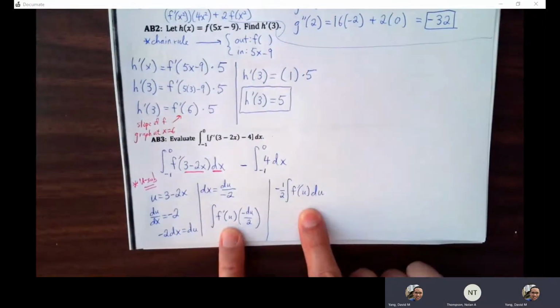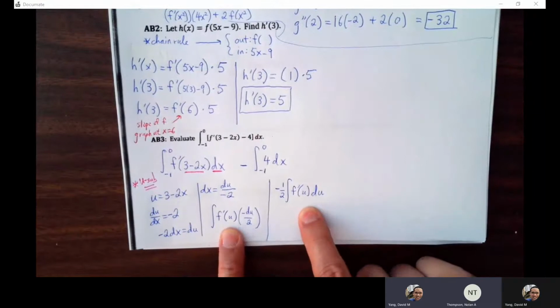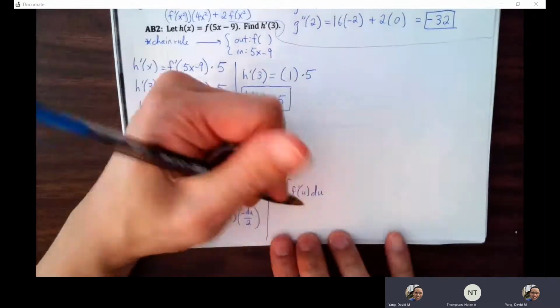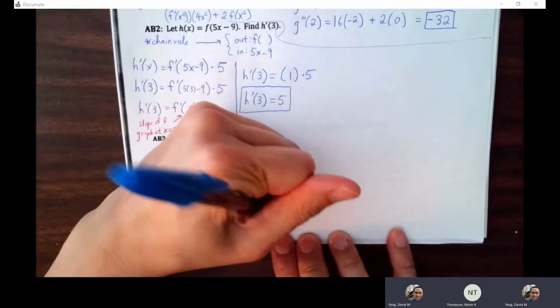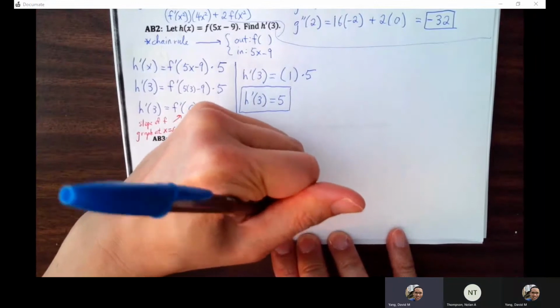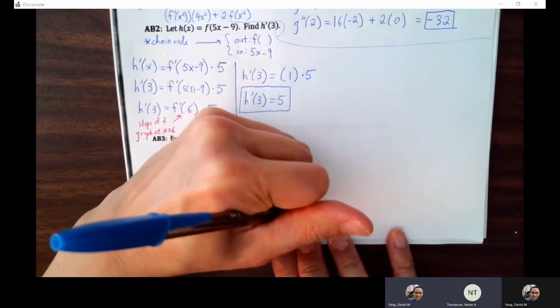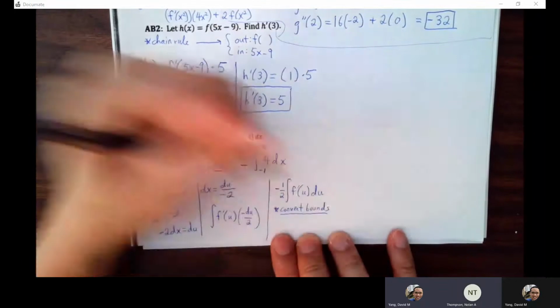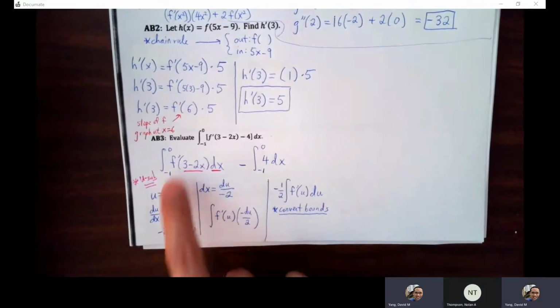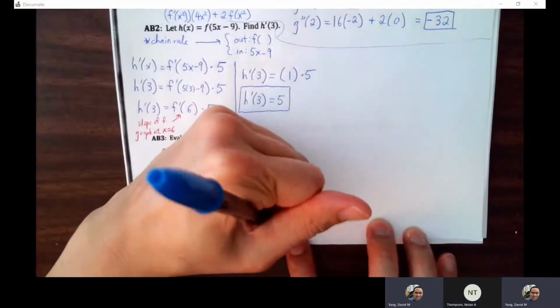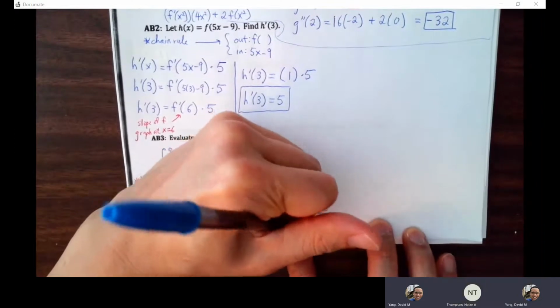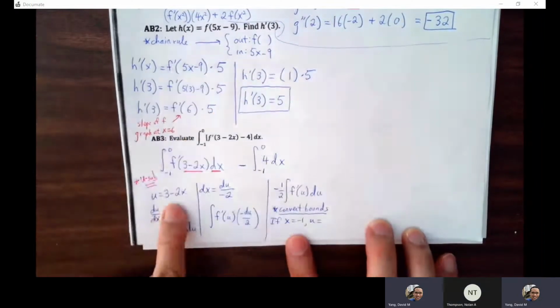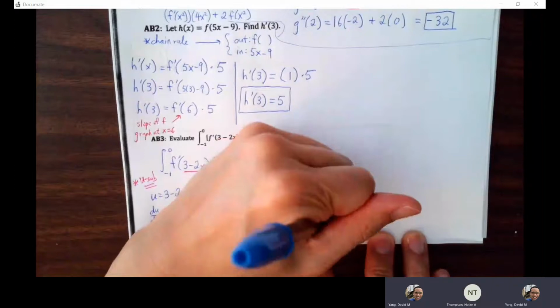All right, good so far. Yep. All right, let's do the work of converting our bounds here. So let's start with the -1. If x equals -1, then our u value is 3 minus 2x.